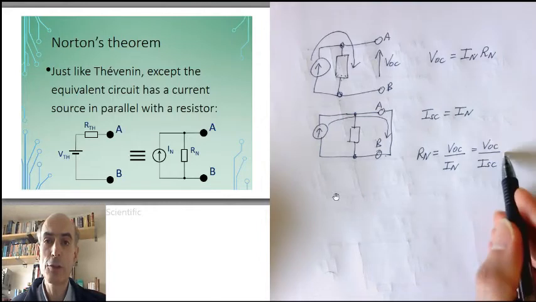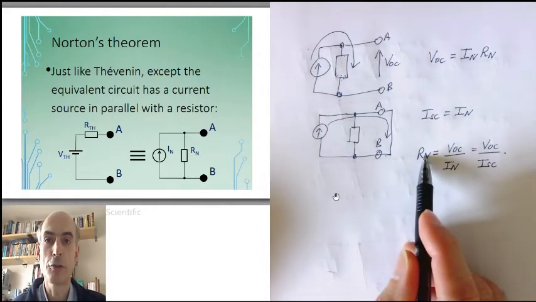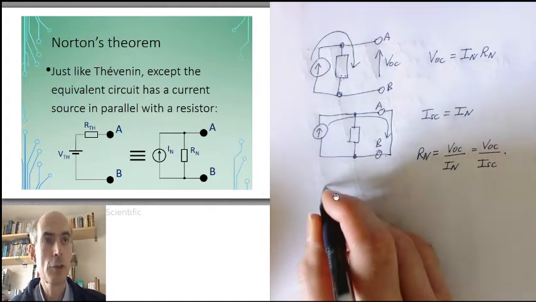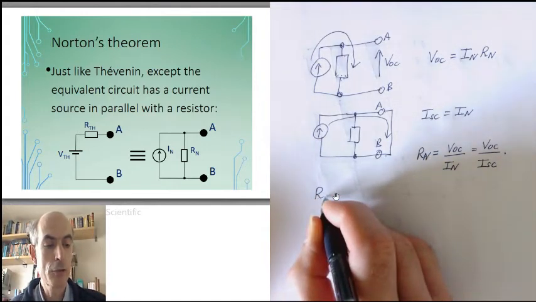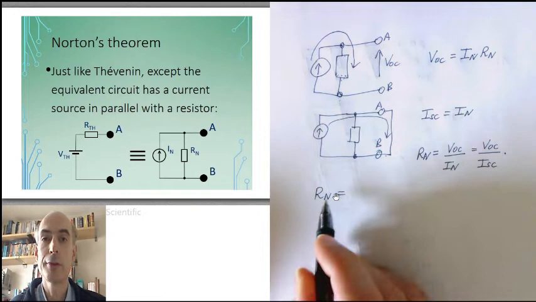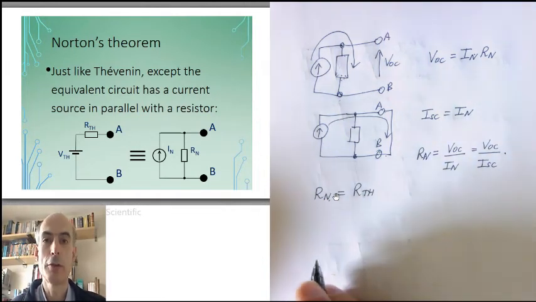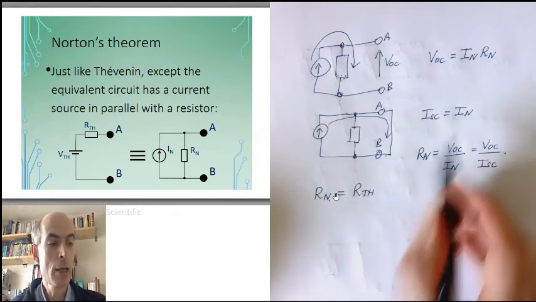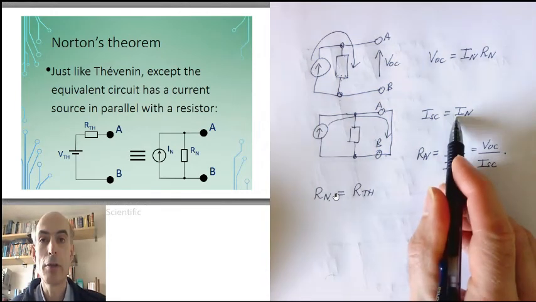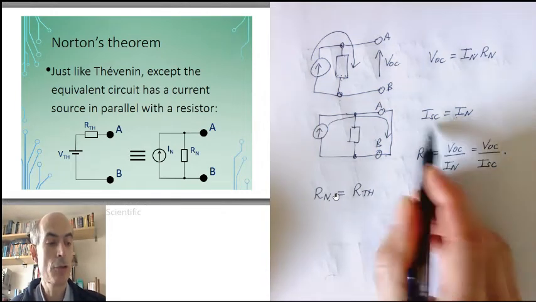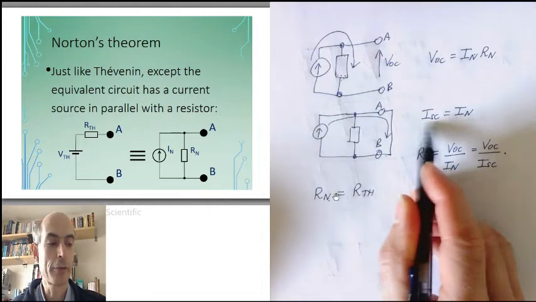And that's exactly the same formula that we got for the Thevenin equivalent resistance as well, which gives us the useful result that the resistance in the Norton equivalent network is equal to the resistance in the Thevenin equivalent network. The current in the Norton equivalent network is just equal to the short circuit current.